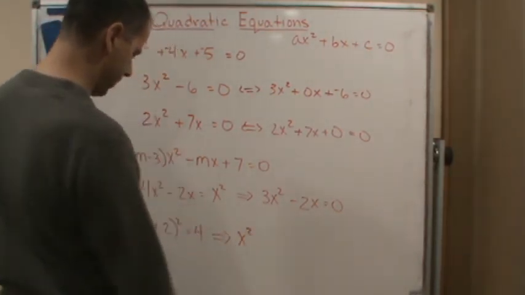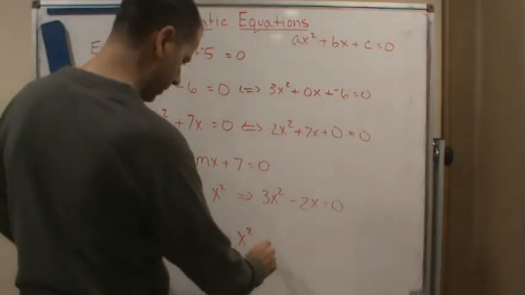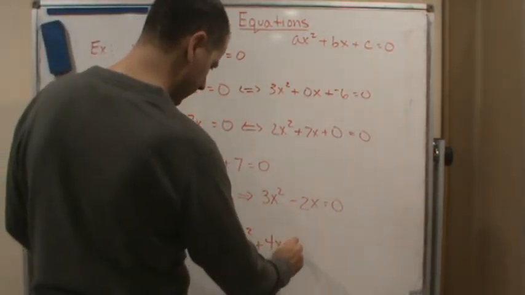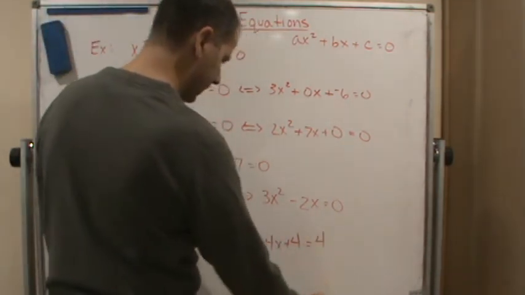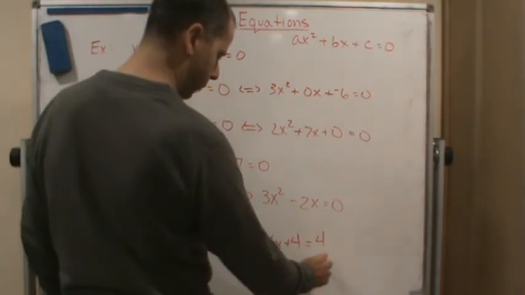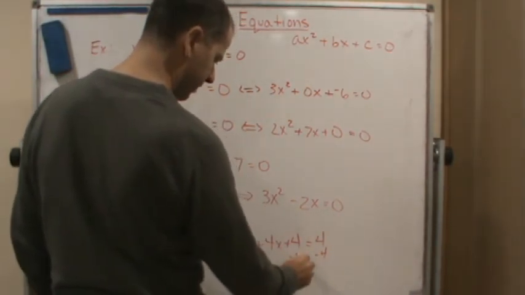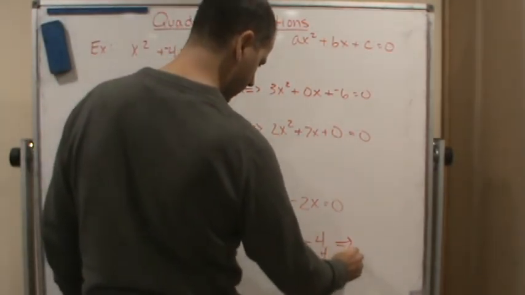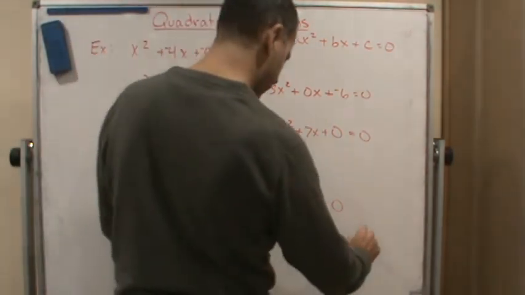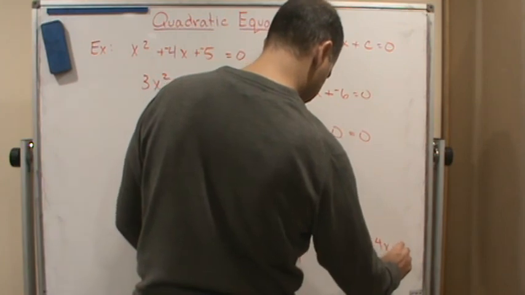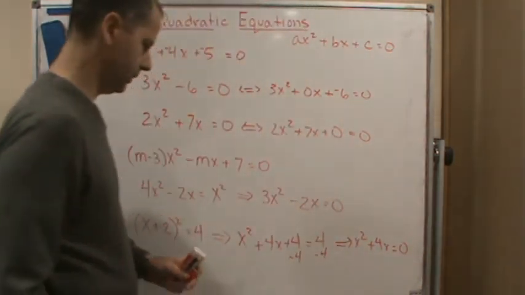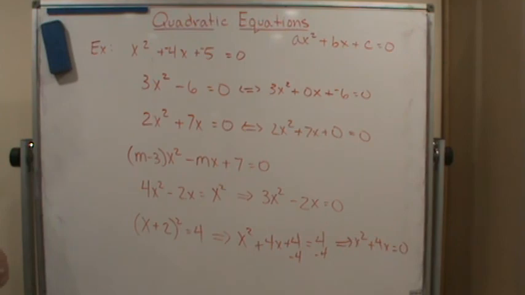There's our x squared term, so we get x squared plus 4x plus 4 is equal to 4, and then if I subtract the 4 from both sides, I get x squared plus 4x is equal to 0. And so there we see that it is a quadratic equation.